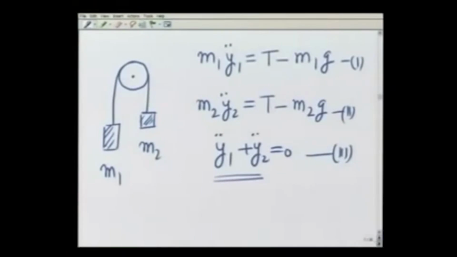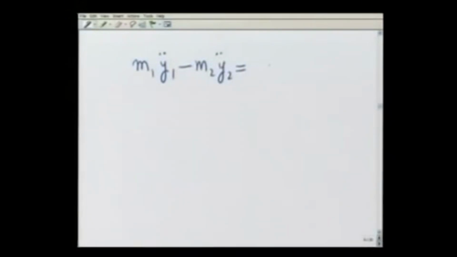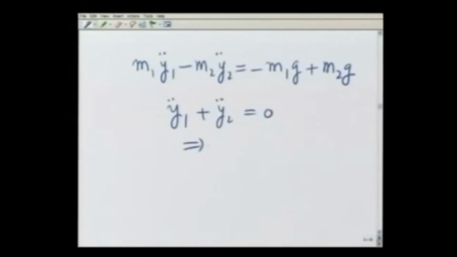In doing so, I get m1 y1 double dot minus m2 y2 double dot is equal to minus m1g plus m2g. Since I know that y1 double dot plus y2 double dot is equal to 0, this implies y1 double dot equals minus y2 double dot.